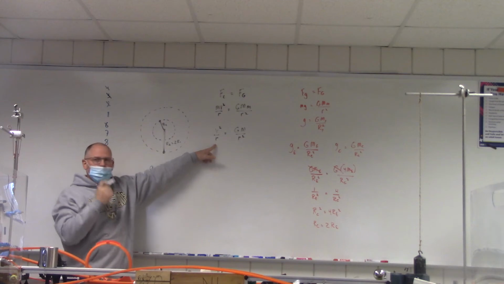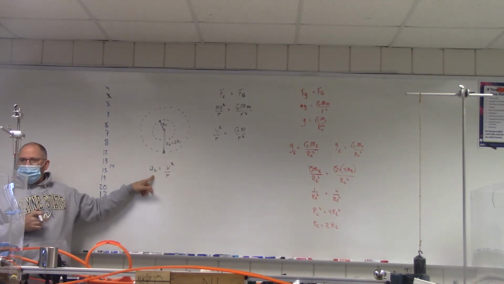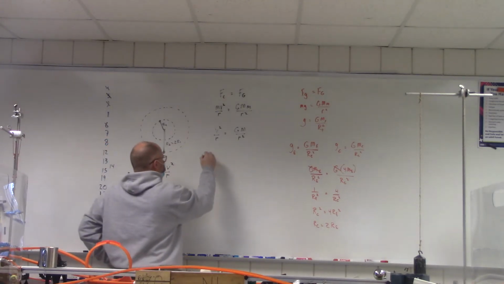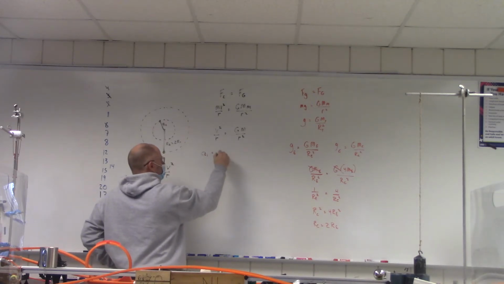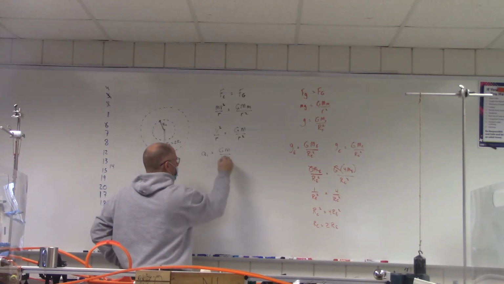But isn't this what I'm looking for? See that? So now I have a way to express that. I can say that the acceleration for planet 1 is going to be equal to GM all over r1 squared.